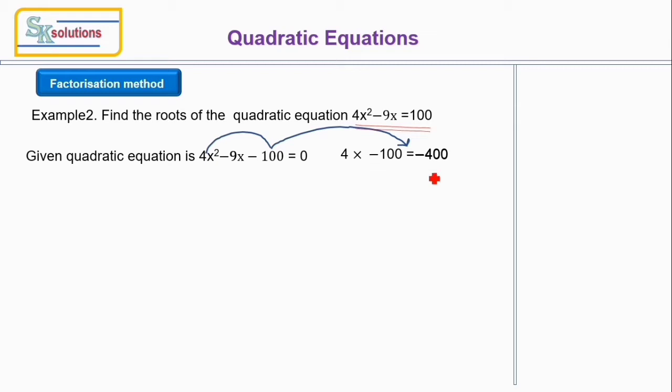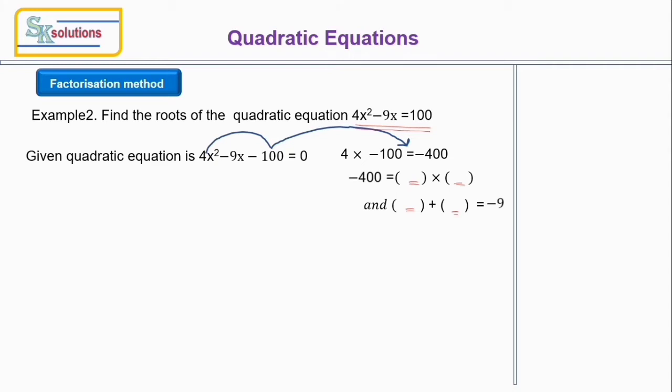So what we are going to do in this case is write minus 400 as the product of two numbers, and on adding those two numbers we should get minus 9, which is the coefficient of x in the equation.